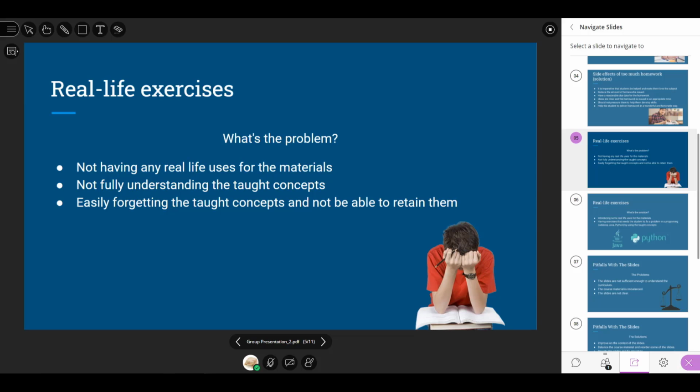For example, the conversion between the different numeric systems like binary, decimal, hexadecimal, etc. They only tell us to convert from one to another, but not how we might use these conversions to solve real life problems, which in the long run isn't very helpful. It doesn't make the student retain the concept they are being taught. They become easily forgettable.